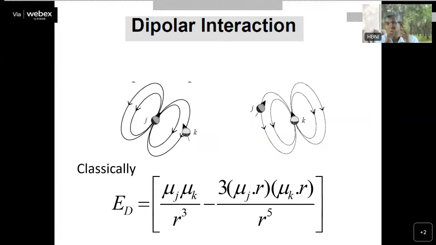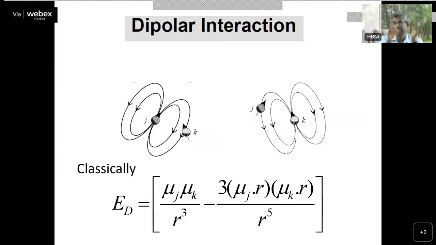These two magnets J and K can interact, and classical expressions are available. If you search for the interaction energy between two magnets, you can easily calculate it. The dipole interaction is the magnetic moment of J times the magnetic moment of K divided by R squared, minus 3 times... This can be derived also, which we are not going to discuss.